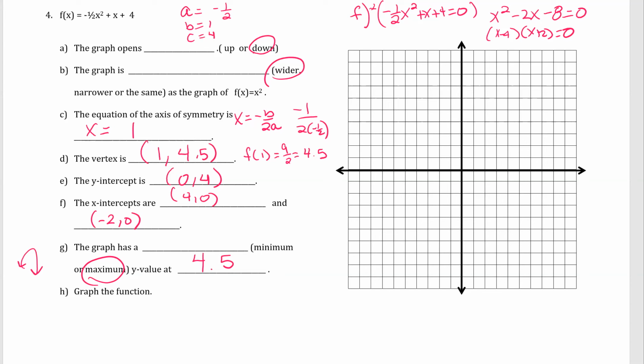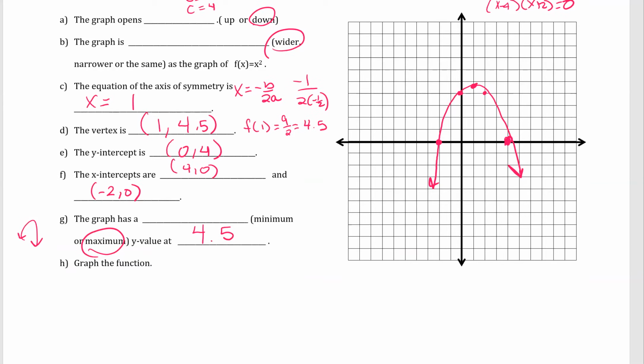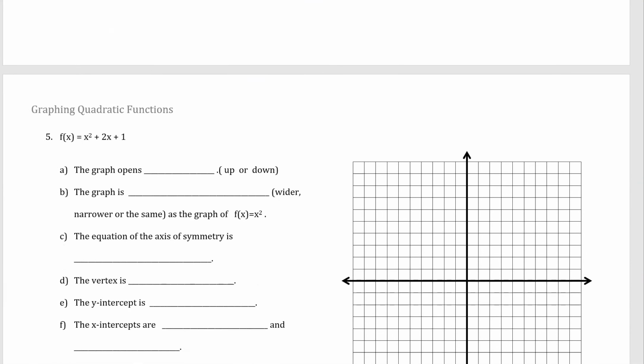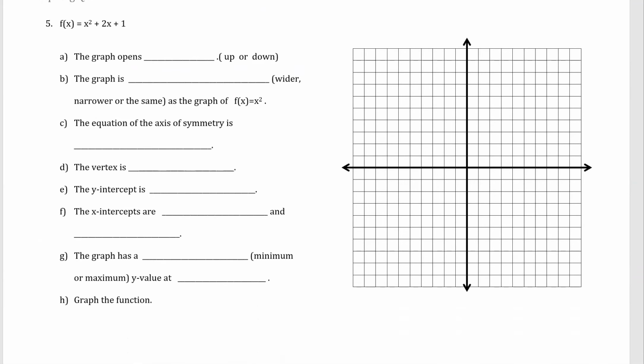And then we'll graph this. There you go. Number 5.